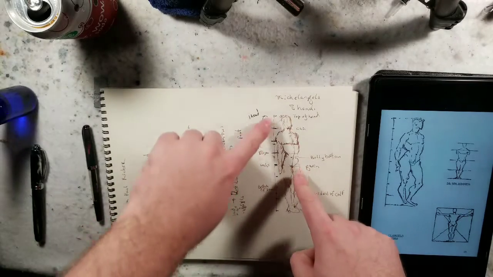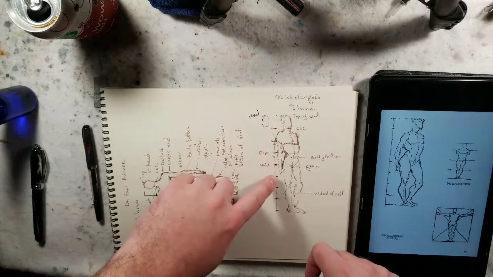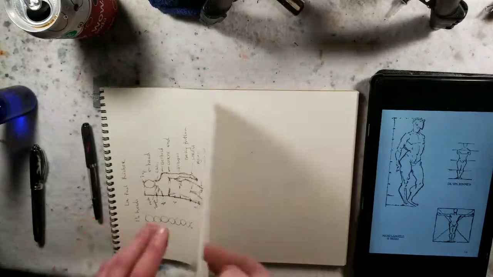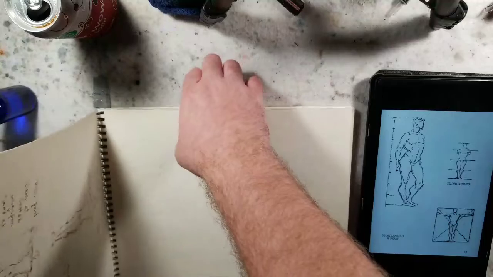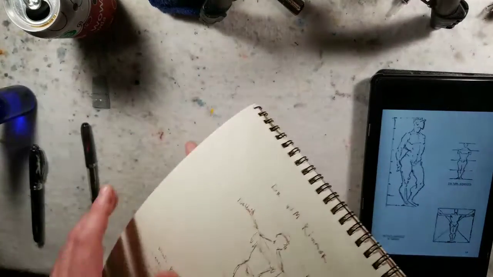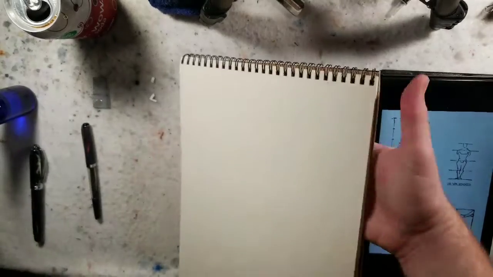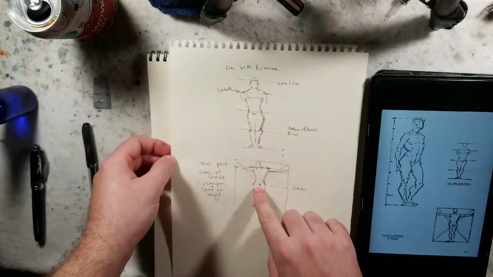Though groin, 1, 2, 3, 4, 1, 2, 3, 4, groin is at the exact center as the Dr. Rimmer. I'm going to tear this out so we can flip back and forth. So groin's at the exact center.